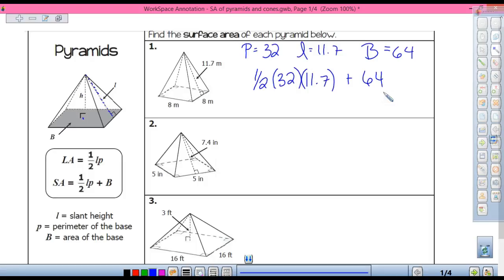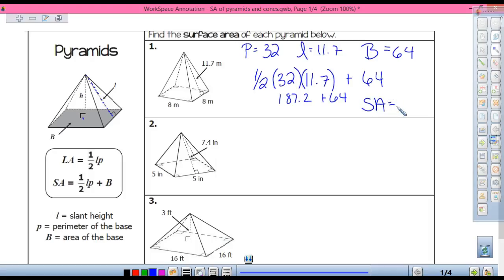Do this part in front first. Take 32 times 11.7 and divide it by 2. You get 187.2, and then add your base to it, plus 64.